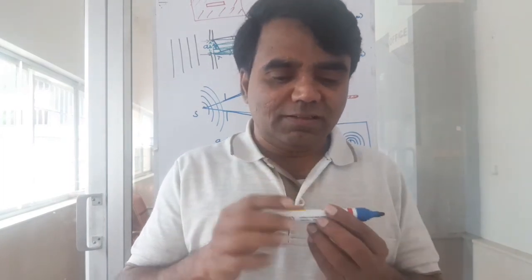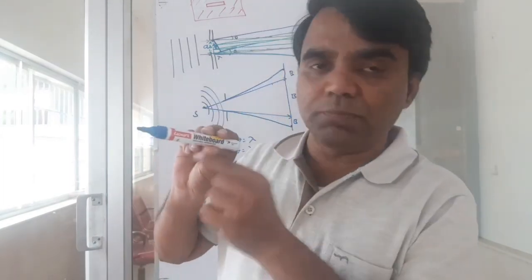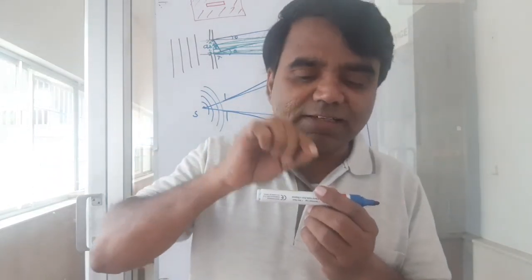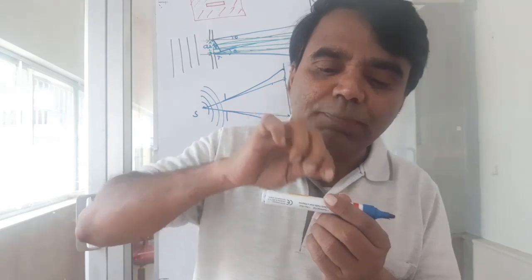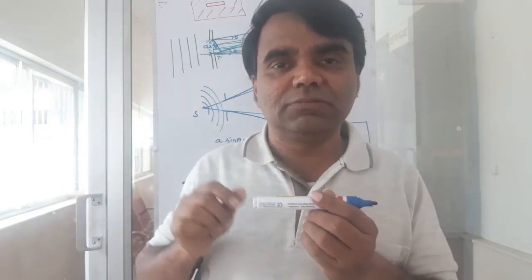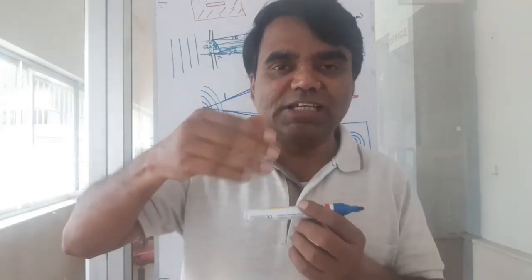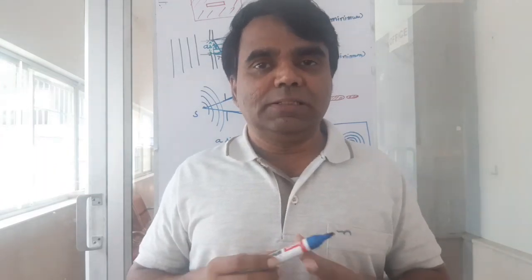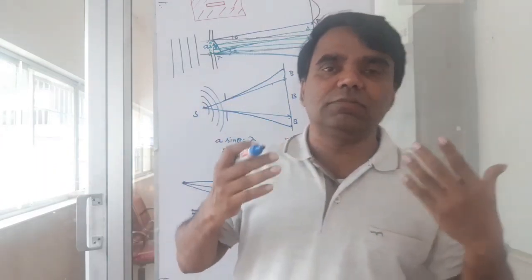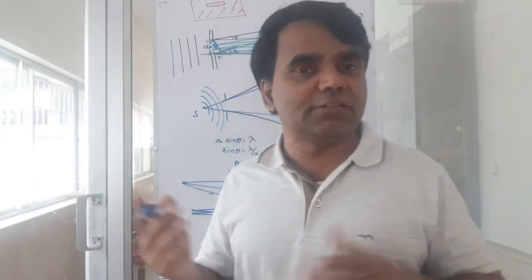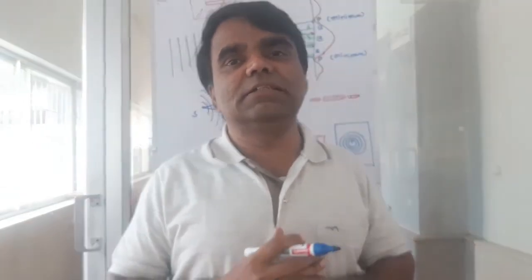I will be able to see the whiteboard without an issue, but I will not be able to identify each and every point on the letters, like dimensions. There is a small size beyond which I cannot differentiate those things. Okay. So our eyes are affected by the diffraction effect, and any lens is affected by the diffraction effect.